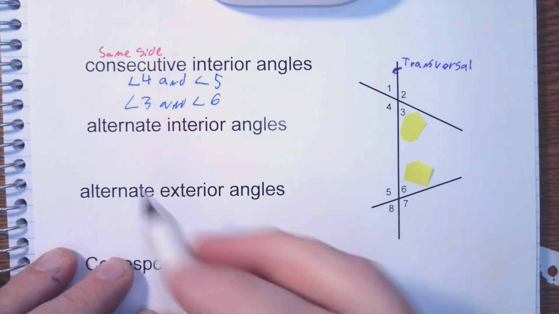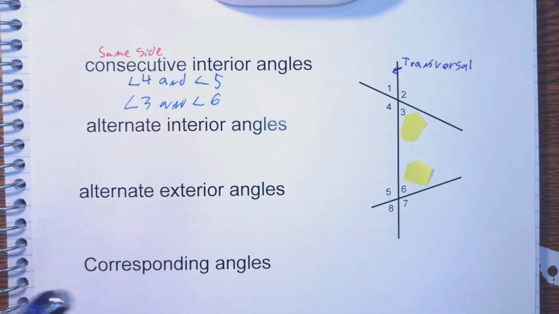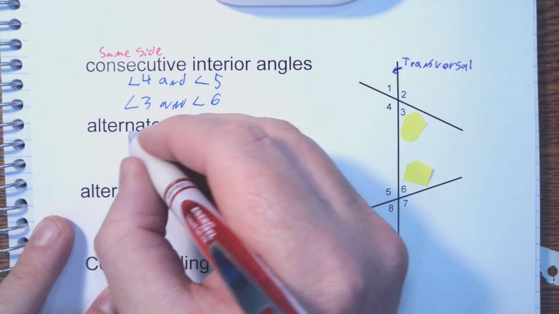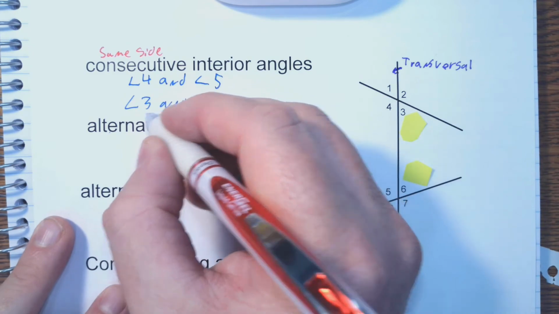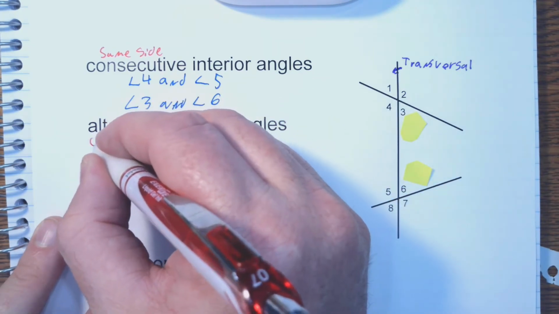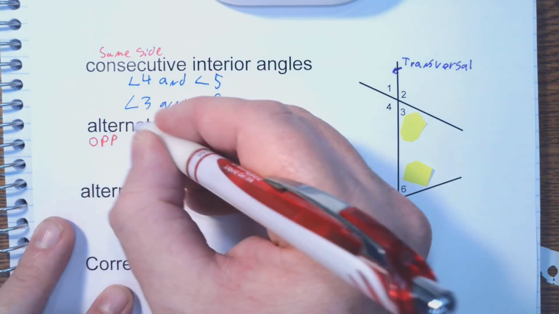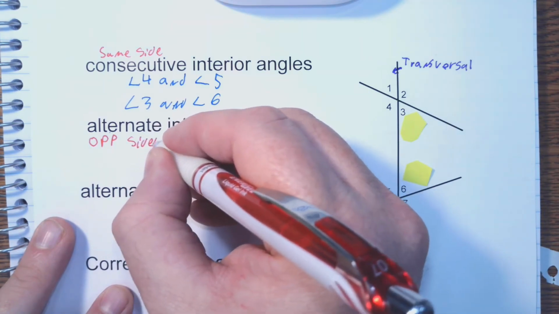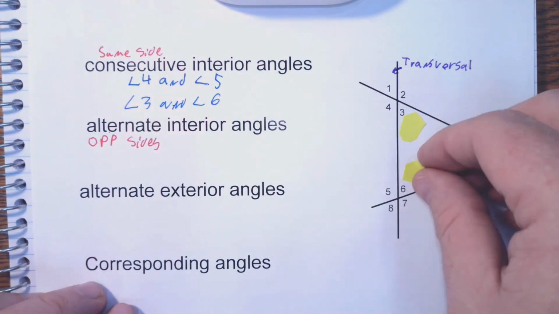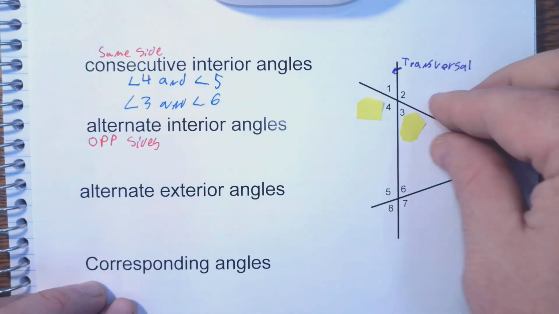Alternate interior. Alternate means basically different sides or opposite sides. So opposite sides. Okay, and so this right here is my first example.